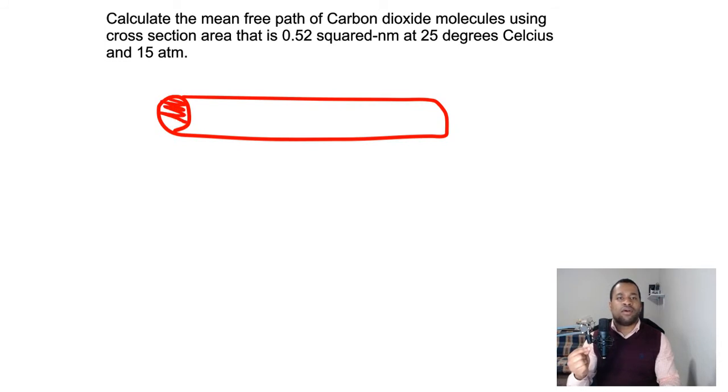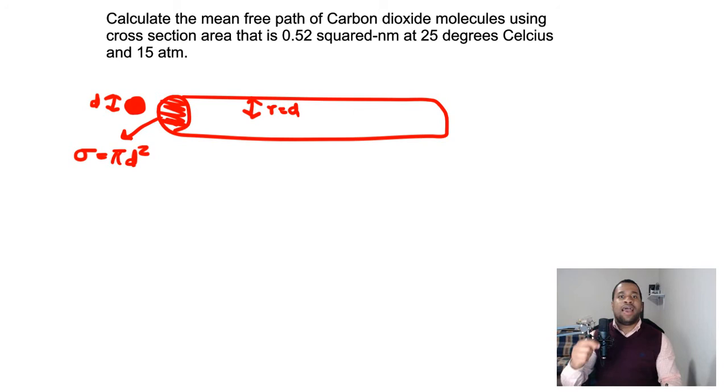For example, the cross-sectional area of the tube, represented by this symbol, is equal to pi d squared, where d is the diameter of the molecule passing through the tube.